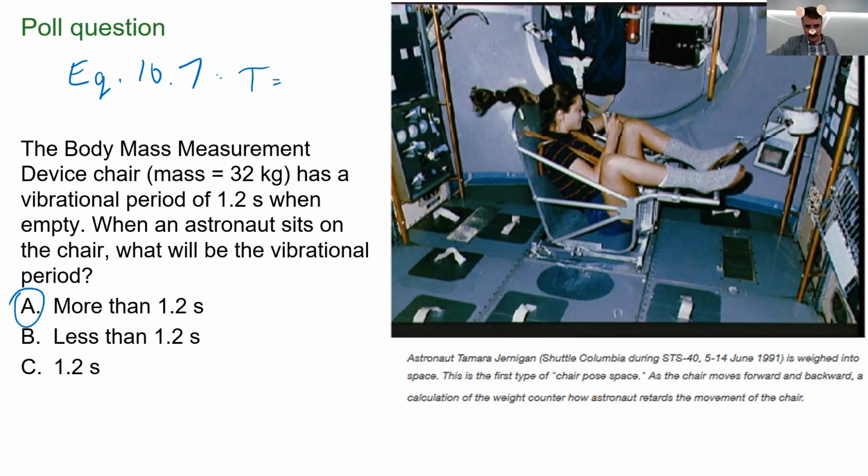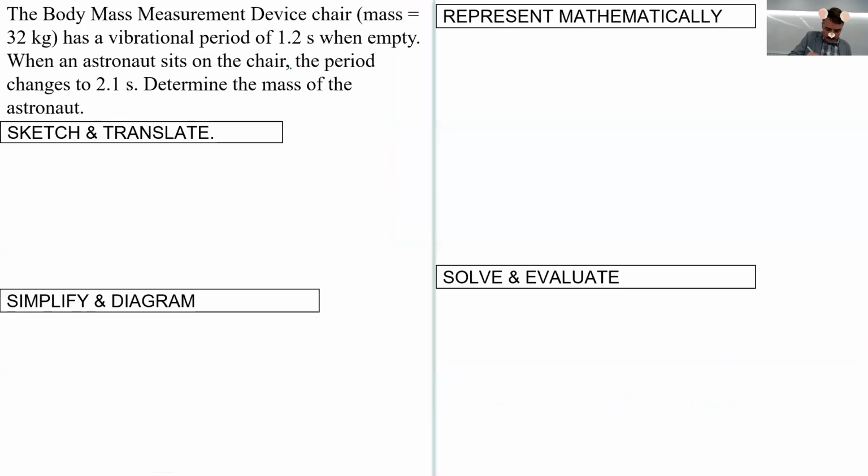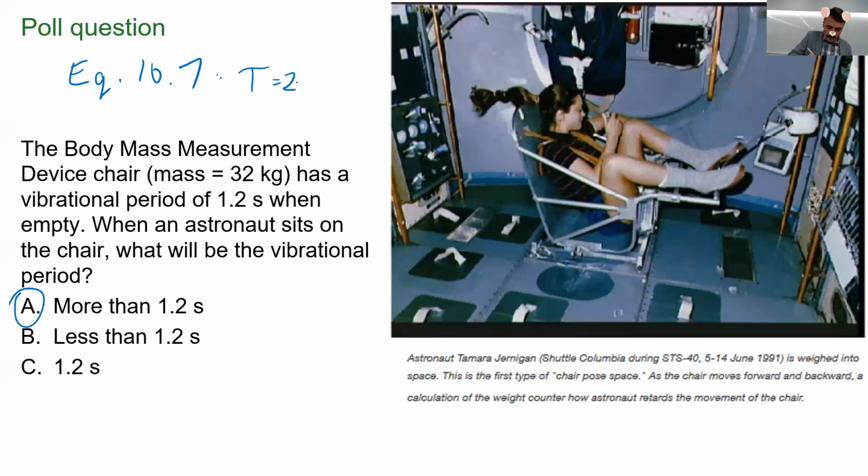And if you look at the actual equation from the book, T is equal to 2 pi times the square root of m divided by k. So as the mass gets bigger, the period gets longer. It takes longer for it to go back and forth.